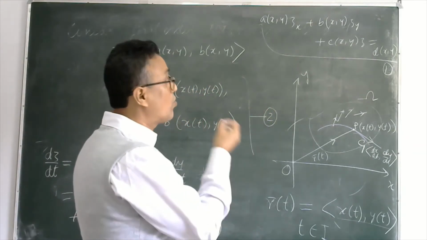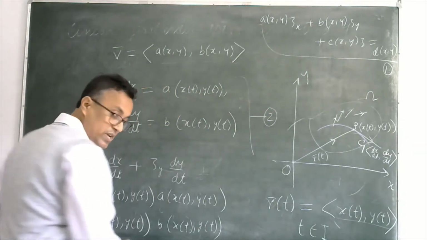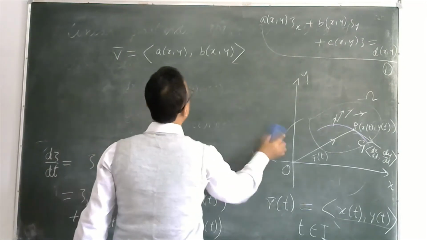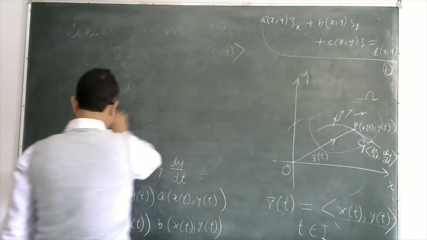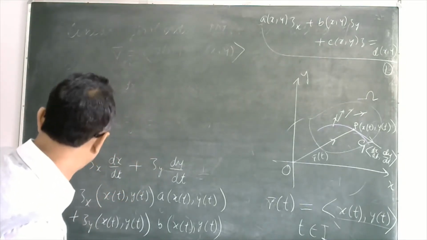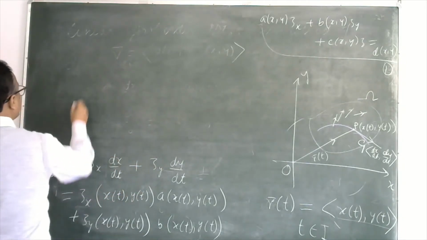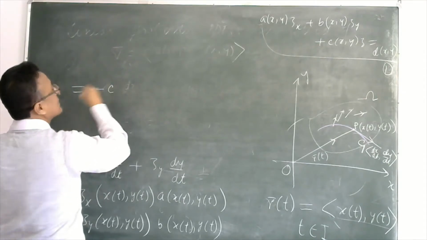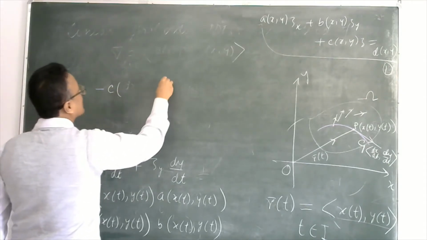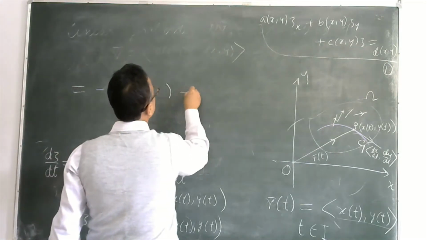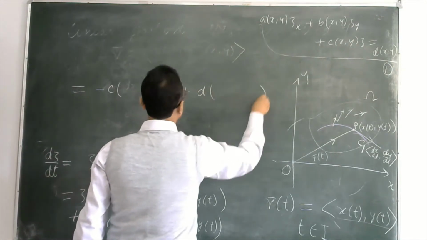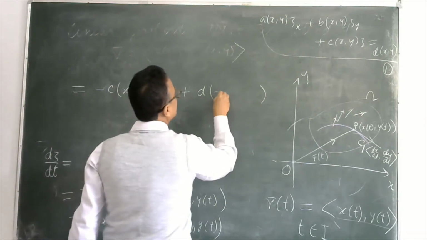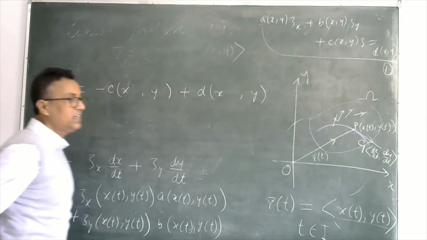And then eventually this is equal to minus c(x,y) j plus d(x,y).